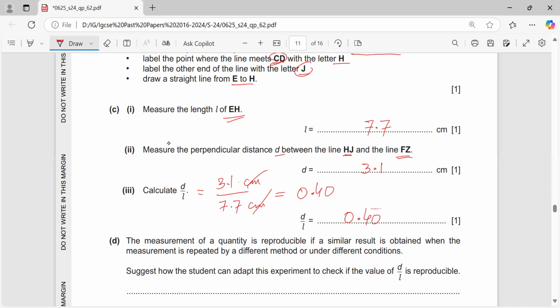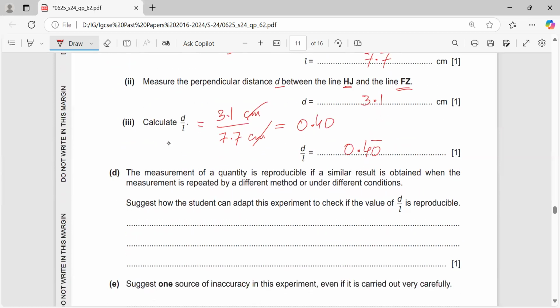The measurement of a quantity is reproducible if a similar result is obtained when the measurement is repeated by a different method or under different conditions. Suggest how the student can adapt this experiment to check if D over L is reproducible. Okay, there is one response.